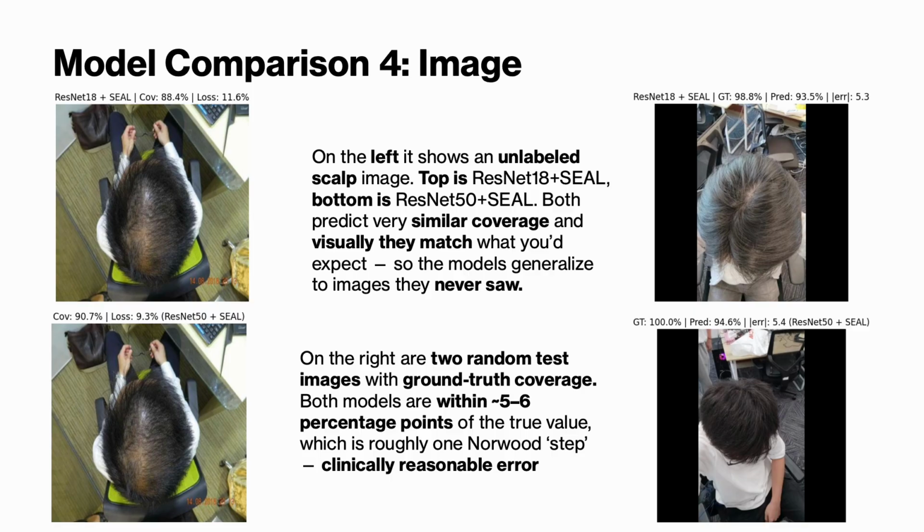Error of 5.4 points. Both models are within roughly 5 to 6 percentage points of the ground truth on these high coverage images, which is approximately 1 step on the Norwood-Hamilton clinical scale. That's clinically reasonable. The model isn't perfect at percentage estimation, but it's directionally accurate and places patients in the right severity band.